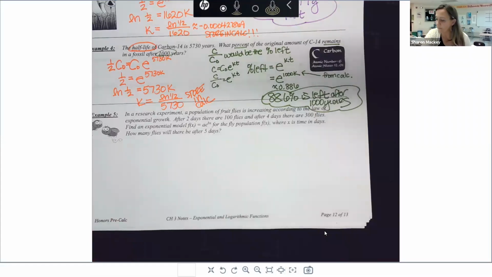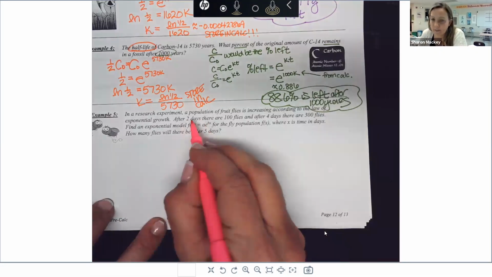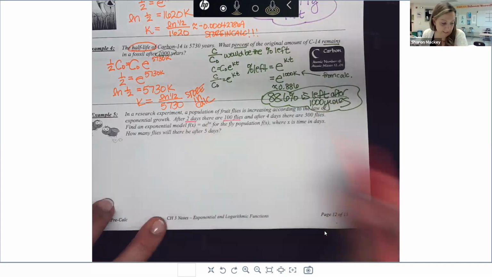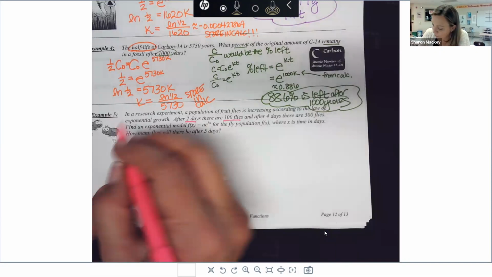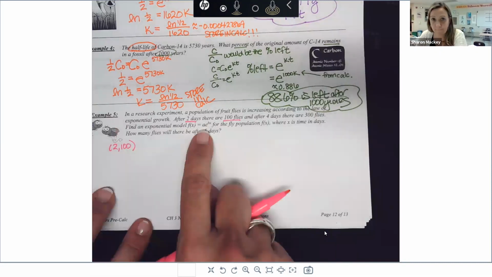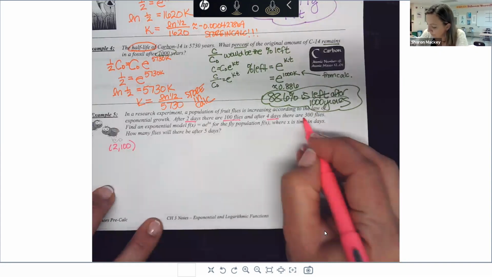So what this problem tells us is two things. It gives us two different scenarios, all right? Two different times. After 2 days, there were 100 flies, which means that (2, 100) is an ordered pair that would make this work. And also it says after 4 days, there were 300 flies.